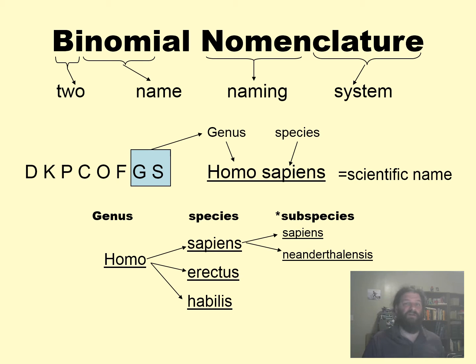Those fossils were found in the Neander Valley in Germany, I believe. And Tal is Old German for valley, so anything that ends in ensis means coming from, and so sapiens is wise, Homo is man. So Homo sapiens neanderthalensis means the wise man from the Neander Valley, if you want to go all the way there.